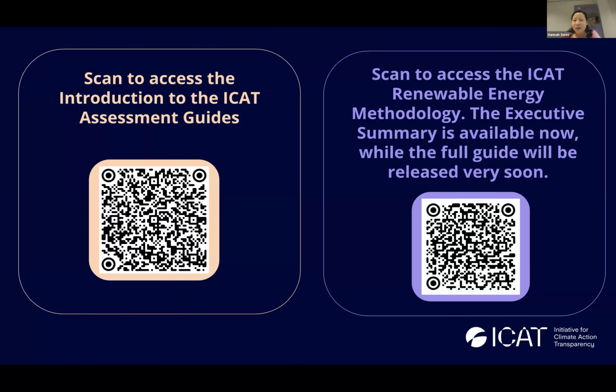So we have the introductory guide, which provides that very concise overview of what the GHG impact assessment process entails. So you can very quickly see that process, and then the sector-specific guides like the renewable energy methodology that then provide the more detailed areas for the specific sector.